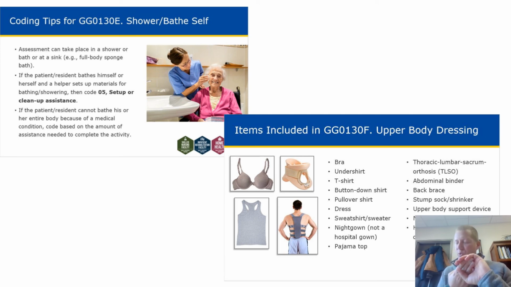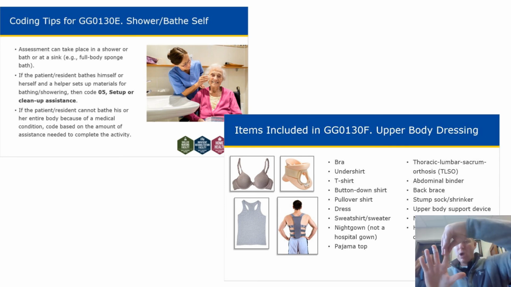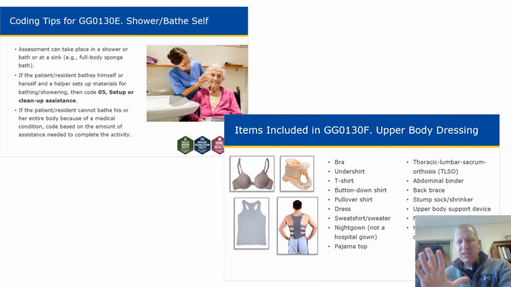Actually, there are 5 of them. And each of those has 3 things: washing, rinsing, and drying. So that's 15 items that you would be looking at.